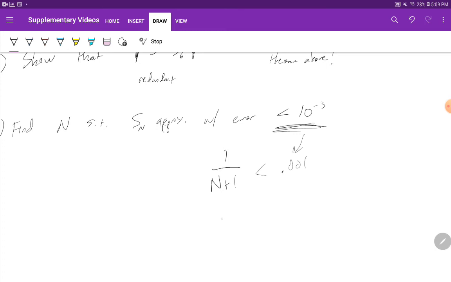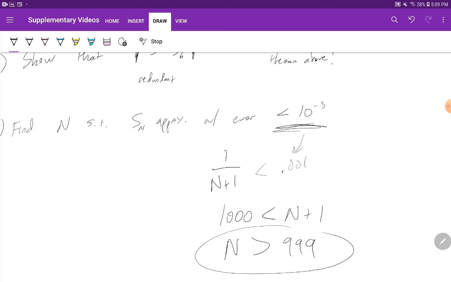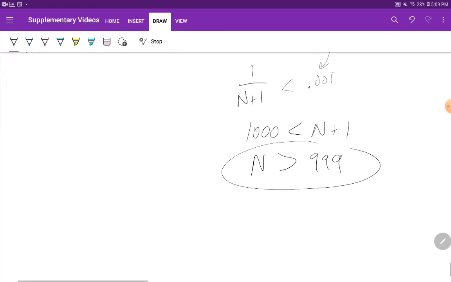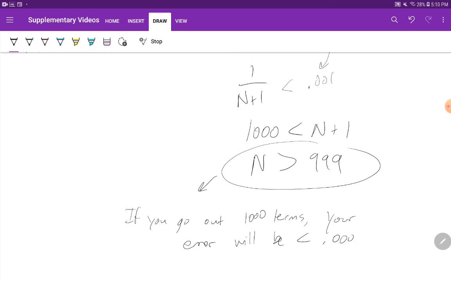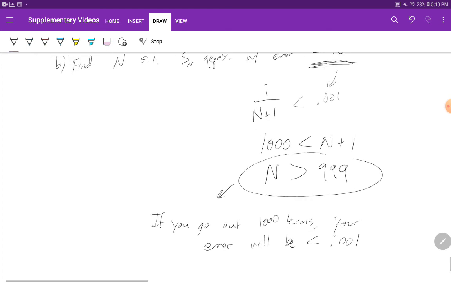So 1,000 is less than n plus 1. I subtract 1 from both sides, and I get n is greater than 999. And that's it, we got our answer. What this is saying is, if you go out 1,000 terms, your error will be less than 0.001.